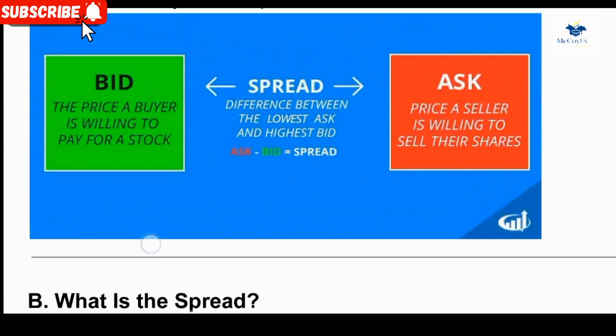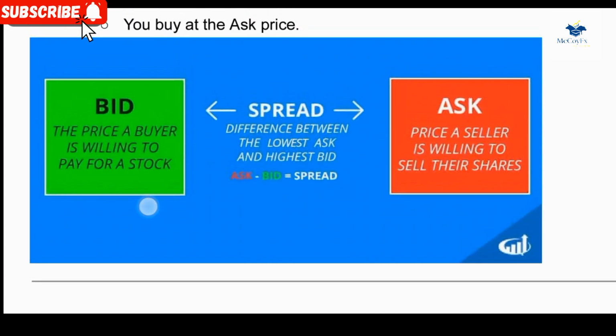Let's look at the diagram. On the diagram, you can see we have the bid, with a description that says the price a buyer is willing to pay for a stock. And on the right hand side, the red, which is ask. That is the price a seller is willing to sell their shares. This is talking about stock.